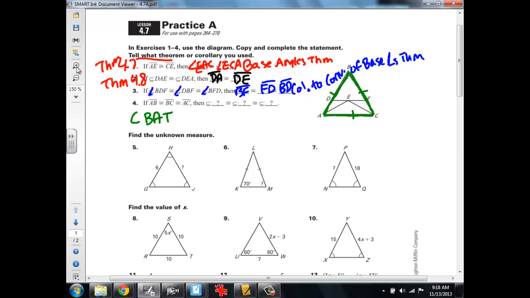I need to know now, well, what angles are congruent? Can I just say angle B on that one? No. There's only one angle there, right? But when I talk about angle C, there's multiple angles here.